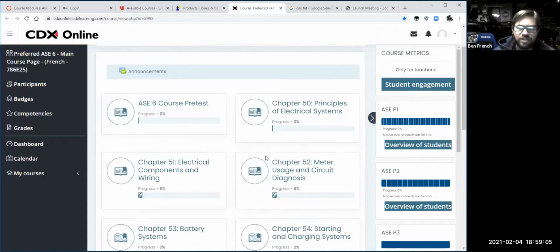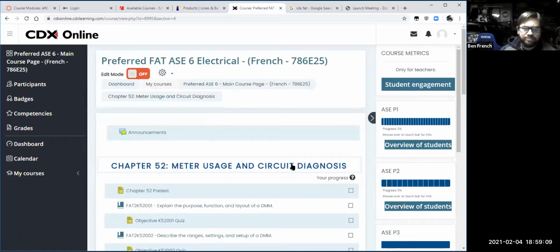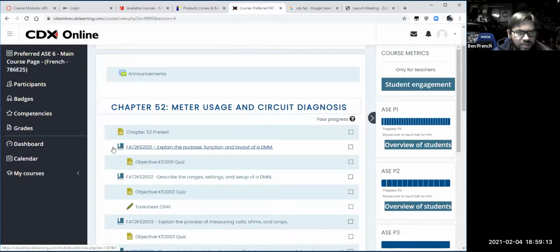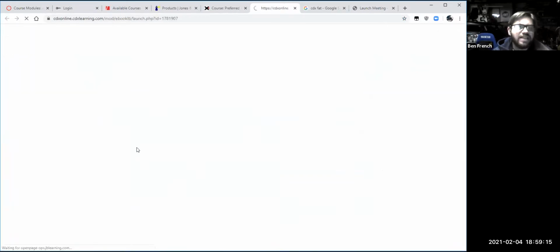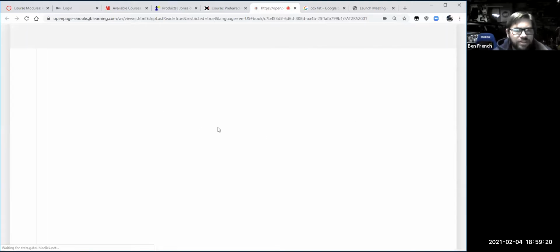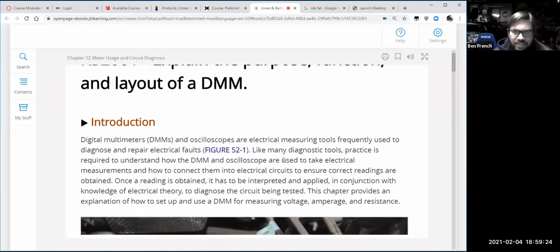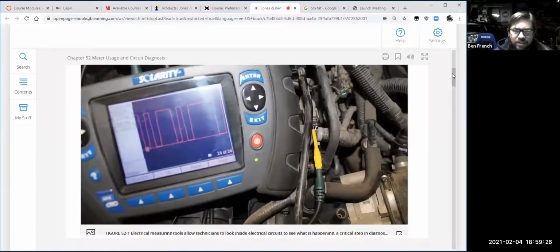There's lots of good stuff in here. I'm going to click this meter circuit one. So anywhere where it looks like a little book, if you click that, that's kind of like the textbook information. You have your written text here, and of course they put in pictures.